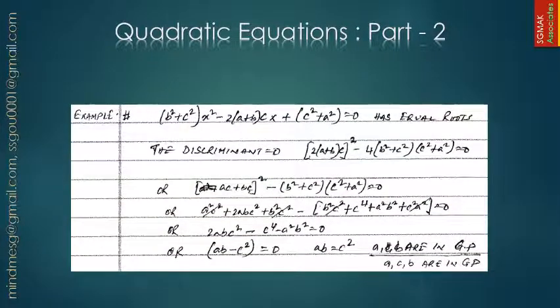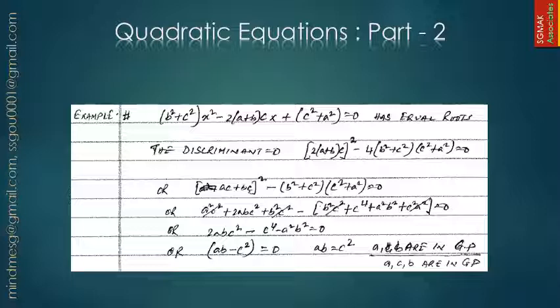Next problem: b squared plus c squared minus 2 times (a plus b) into x, a plus b times cx plus c squared plus a squared, they have two equal roots. So if they have two equal roots, best is to find the discriminant and set that equals 0. If you set that equals 0, in this case you find a times b equals c squared, which happens when a, c and b are in a geometric progression.